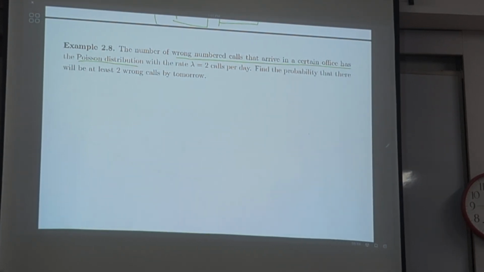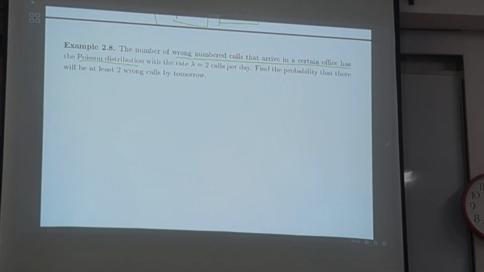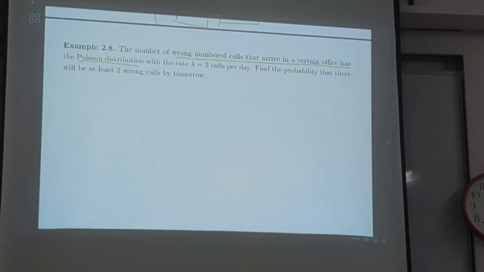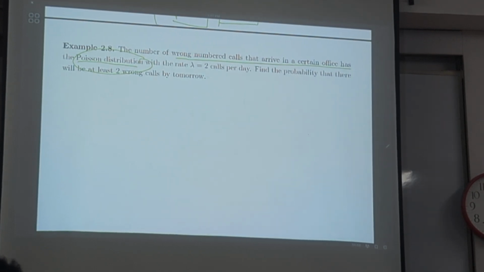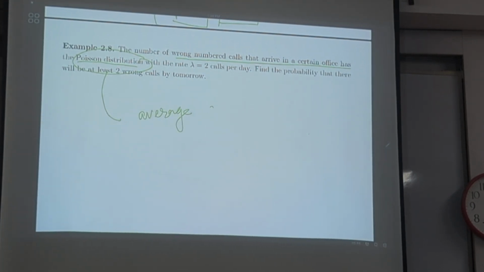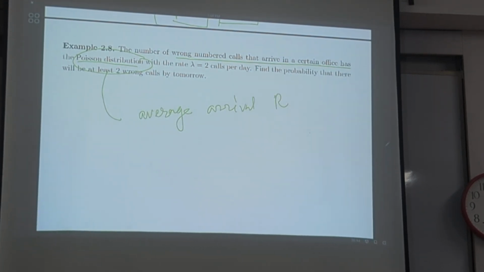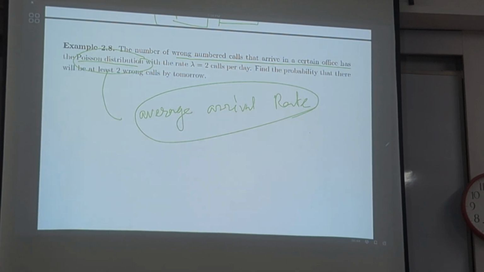Unlike the other distributions we discussed earlier, it will not always be stated; for Poisson it has to be mentioned, either as Poisson distribution or with an average arrival rate given. When the average rate is given, you should recognize it.